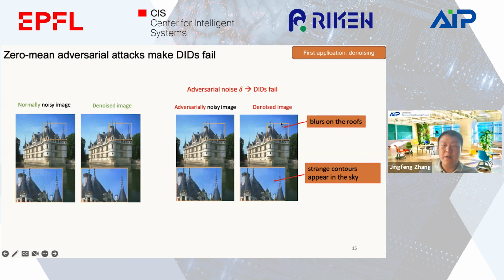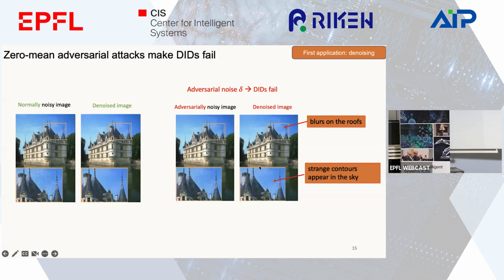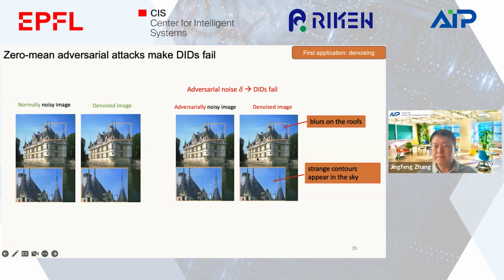We can see some blurs on the roofs and some strange contours in the sky. Therefore, our zero mean attack can indeed uncover the vulnerability of the deep image denoiser.